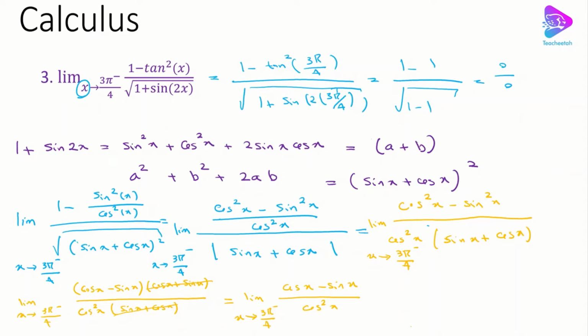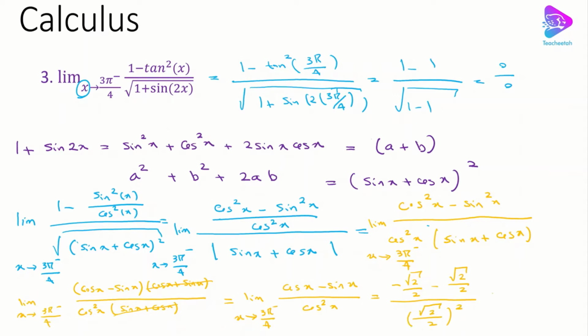Okay, so now if we plug in 3 pi over 4 instead of x in that function, this will generate minus square root of 2 over 2, because cos x is negative over there and sine x is positive, so it's going to be minus square root of 2 over 2 over square root of 2 over 2 squared.